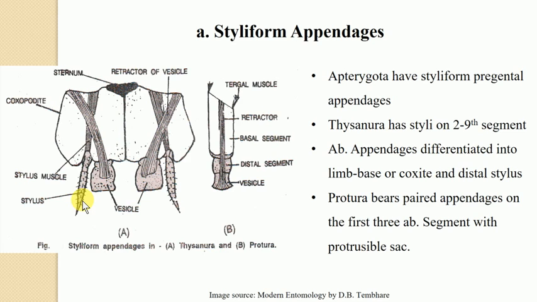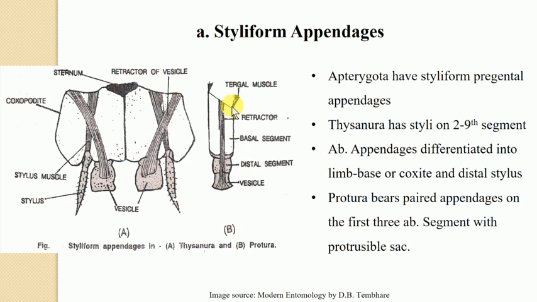In one family, Machilidae, the styli are present on segments 2 to 9 of the abdomen, while in another group, Lepismatidae, for example Lepisma, the styli are present on segments 7 to 9 only. The pregenital segments are provided with a median or paired protrusible sac.